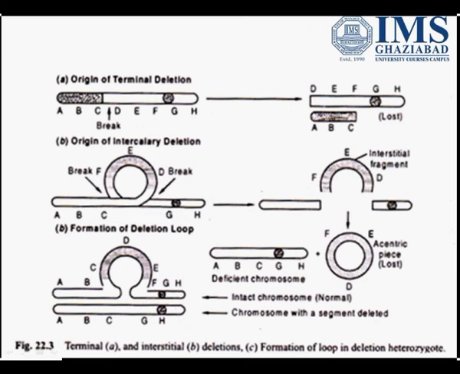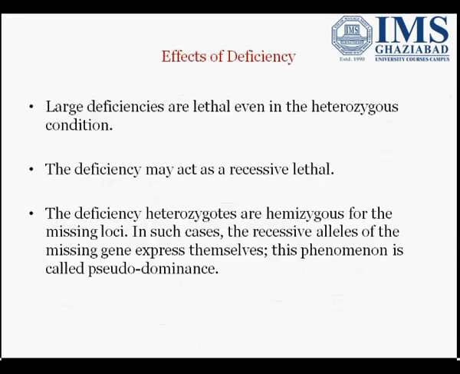So in case of meiotic pairing, the deficient chromosome will behave with the normal chromosome in the form of a loop. So in the case of deficiency, we are always finding a loop in the chromosome.